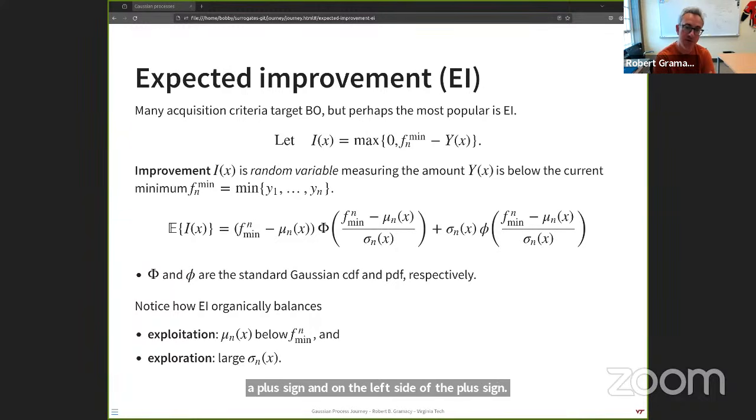You want means to be low when you're minimizing the function. And on the right side of the plus is a standard deviation. Standard deviations are high when you have a lot of uncertainty, so it's worth exploring in that part of the input space. So people say it balances exploitation, small means on the left of the plus, with exploration, large standard deviations on the right of the plus.